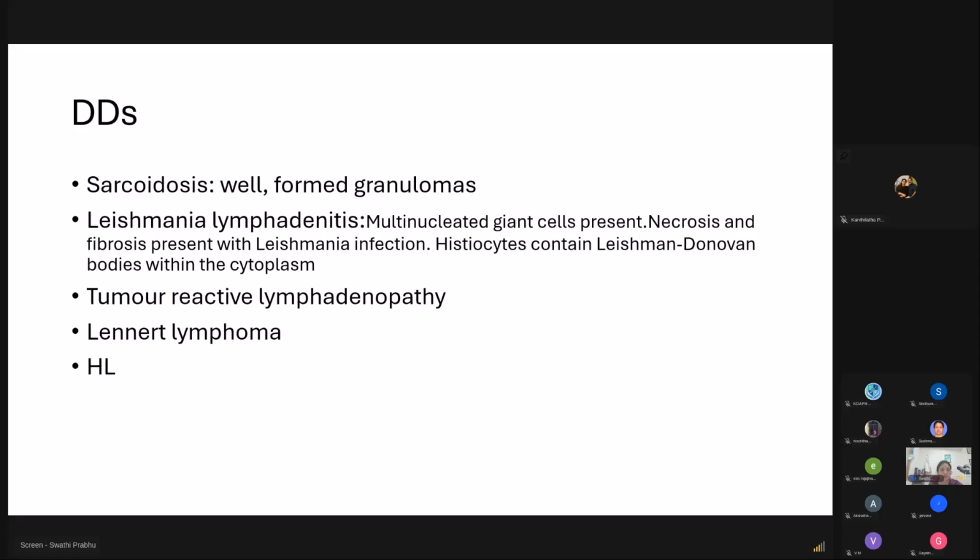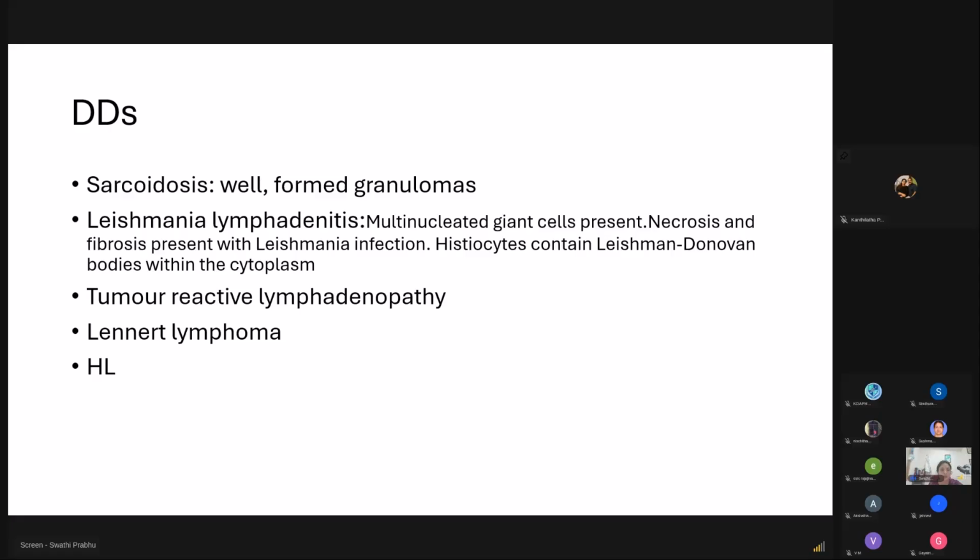So if you consider the differential diagnoses, in sarcoidosis usually you see well-formed naked granulomas. Leishmania also comes into the diagnosis, but in that you might see a lot of multinucleated giant cells. There can be necrosis, there can be fibrosis, and also you can see some histiocytes which contain LD bodies within the cytoplasm.